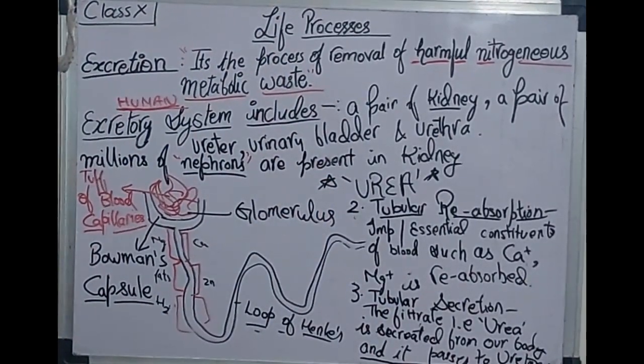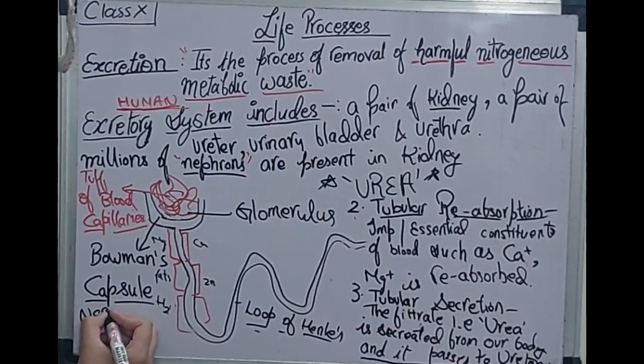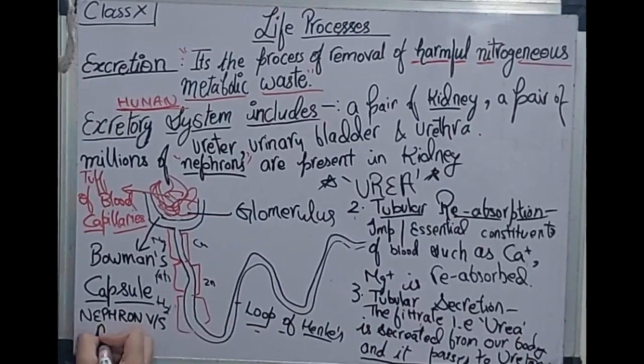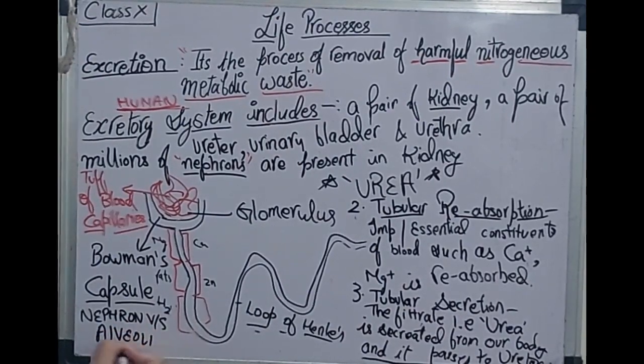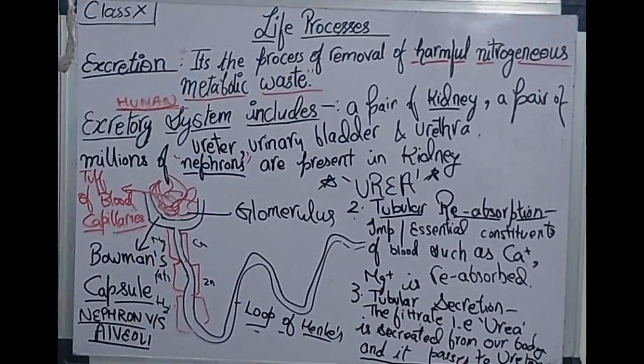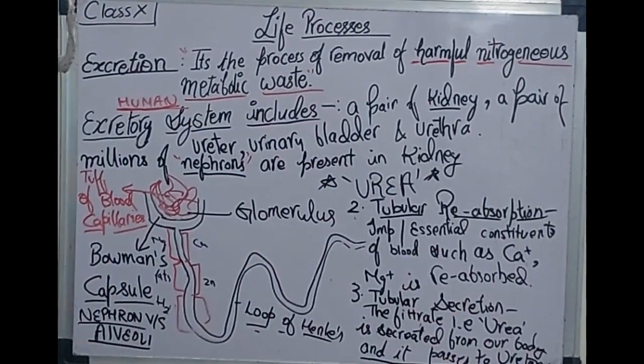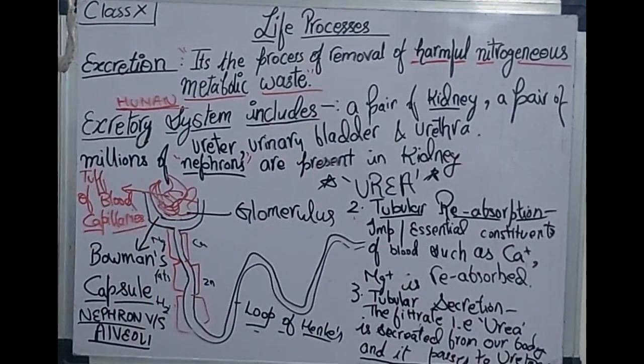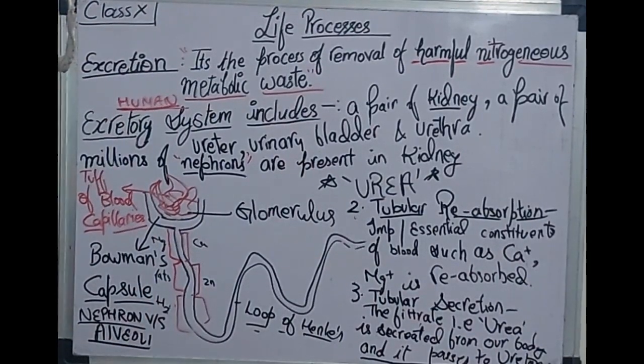Even there is a question in your NCERT, that is nephron versus alveoli. These are quite similar things. Alveoli जो होता है, it is a structural and functional unit of respiratory system. Nephron is structural and functional unit of excretory system.